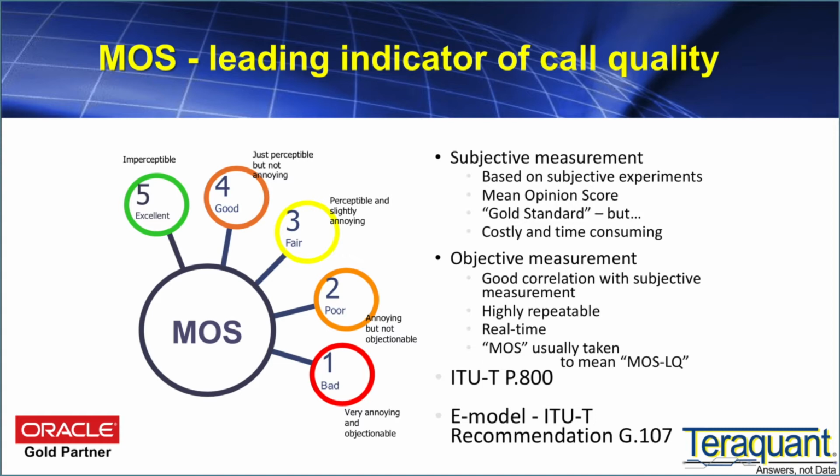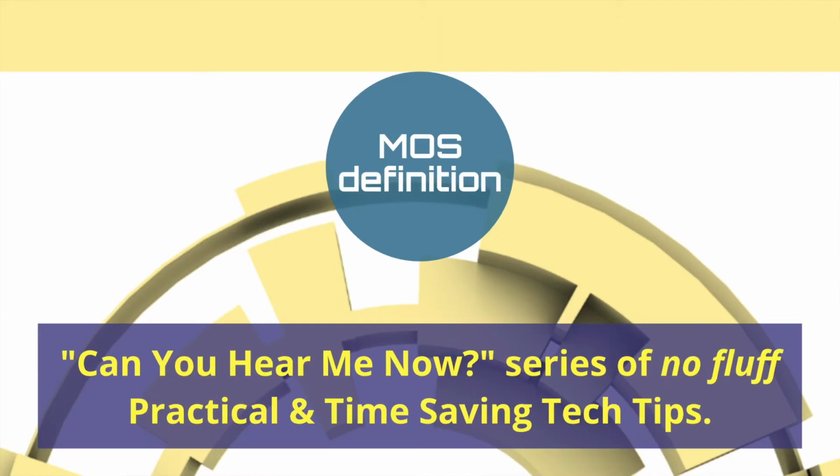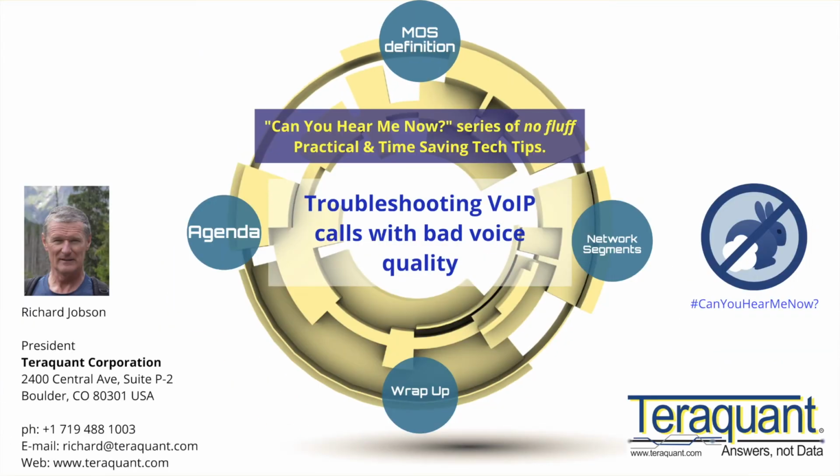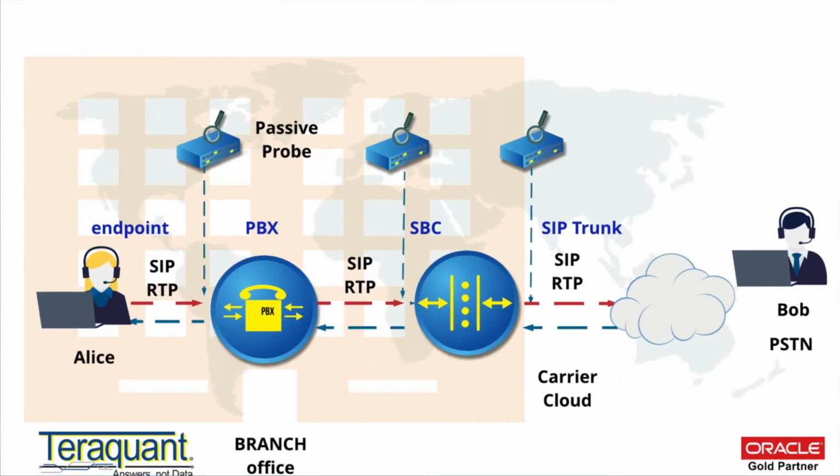In live networks, we need to automate this, and this is where technologies such as the E-model and R-factor and PESQ and POLQA come in to allow a computer to analyze the quality of the speech. In order to be able to instantly spot where packet loss or jitter is creeping into your network and isolate physically which segment is at fault, we need to have probes permanently deployed and monitoring all the relevant legs or segments of the call.